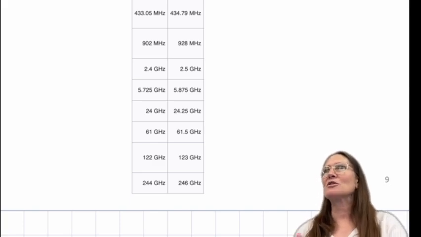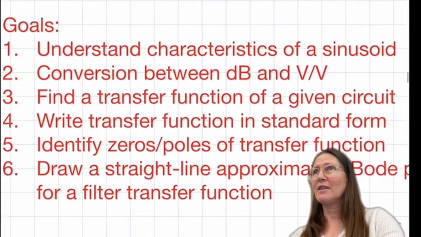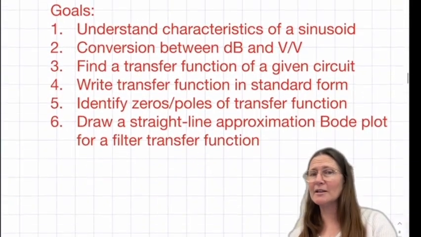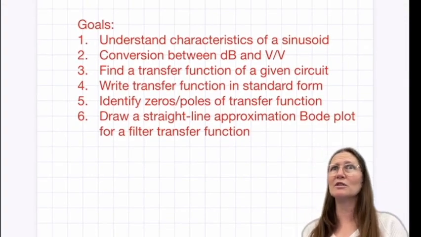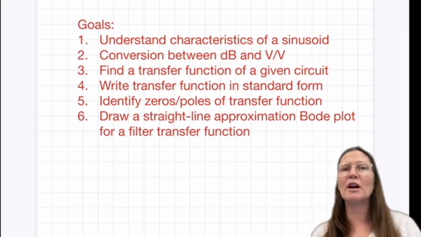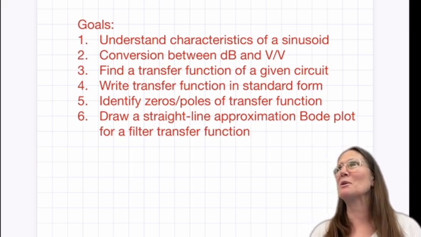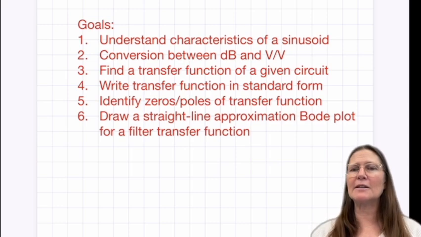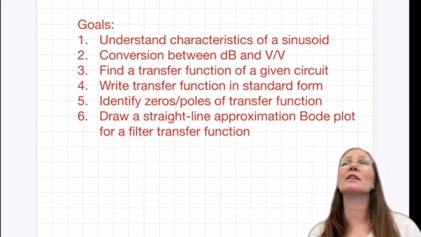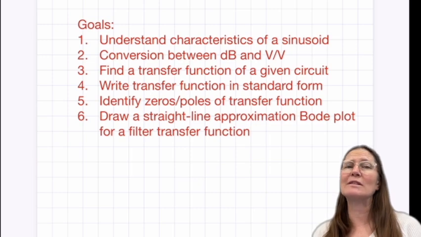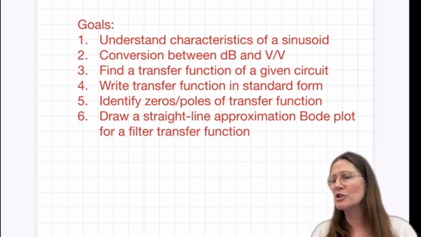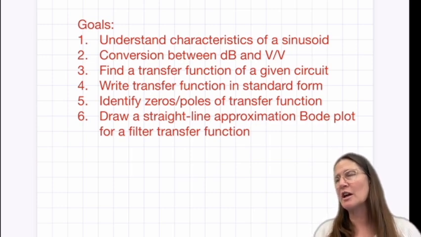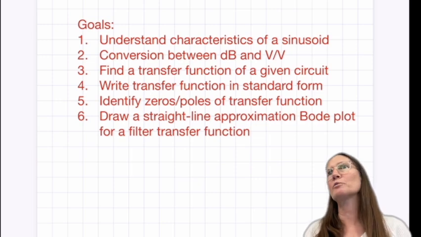All right, any questions about this so far? Okay, so the goals of today is to understand the characteristics of a sinusoid. So we're moving into the AC portion. We want to go back and remember a little bit about sinusoids and how to look at them and get some information just from a signal itself. Then we're going to talk about the decibel and conversions between what's called a decibel and volts per volt.